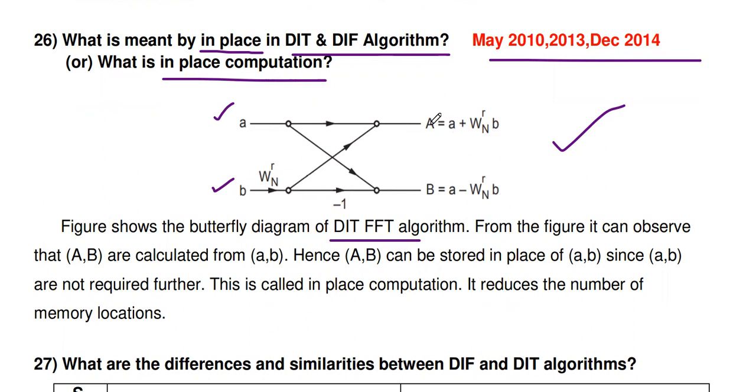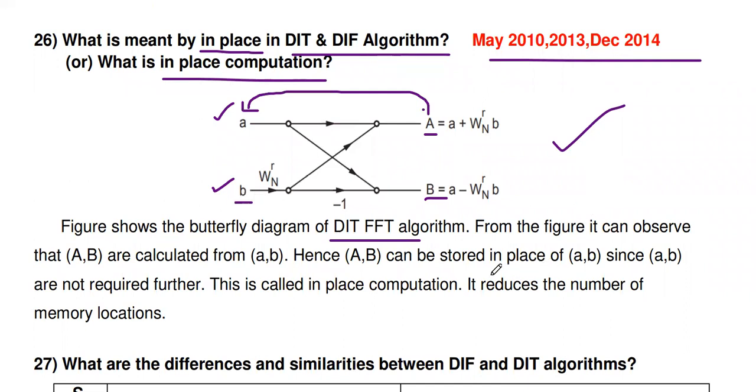Once the capital A value and capital B value are calculated, in order to store them we do not use a separate memory location. The capital A value is stored in the memory location where small a was already stored. Similarly, capital B is stored in the small b location.